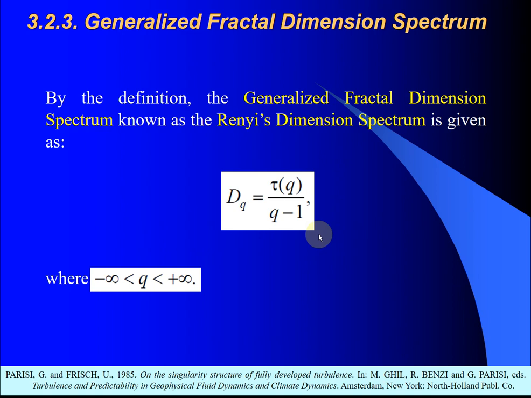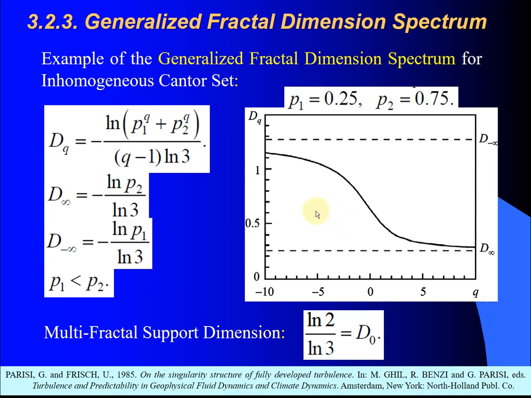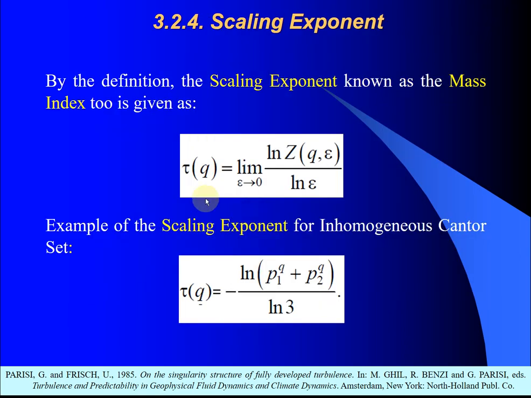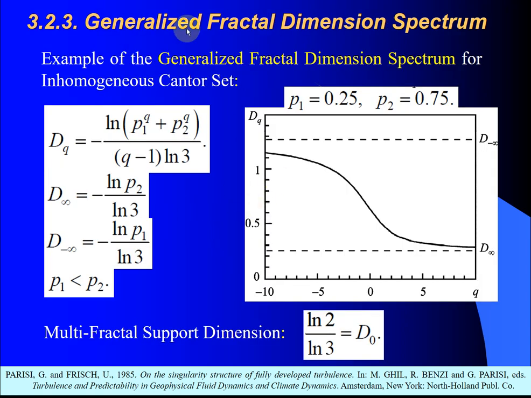On the generalized statistical sum are based other characteristics of a multifractal, I mean the generalized fractal dimension spectrum, known as the Rényi dimension spectrum, and it is given by such an equation, where tau of q is the scaling exponent, also known as the mass index, and it is given by this equation based on the generalized statistical sum Z. Now consider the generalized fractal dimension spectrum.